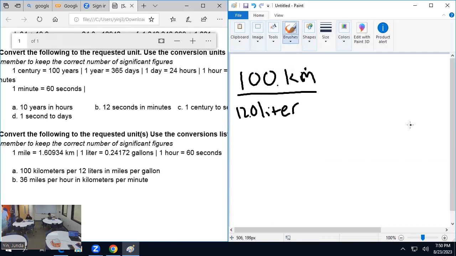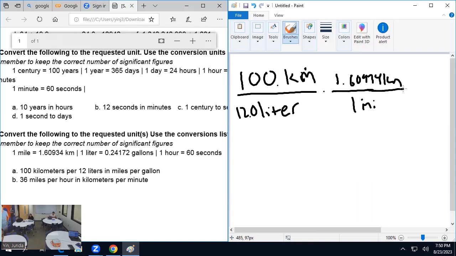So you converted which unit first? Okay, so 1.60934 miles over 1 kilometer. Sorry, 1 kilometer.